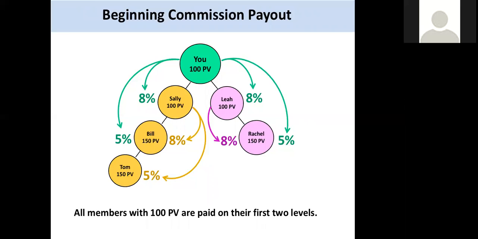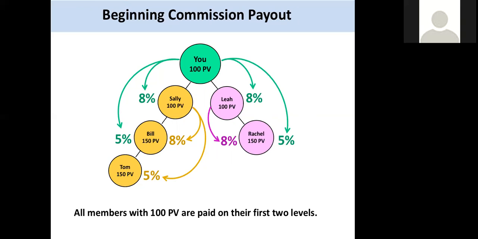So going back to our 2 leaders, we have Sally and Leah. So there are your 2 legs again. Sally is someone that you've personally sponsored, and Leah is someone that you've personally sponsored. And so on Sally's leg, you can see that you would earn 8% off of Sally's volume because she is someone that you've personally sponsored. Bill is someone that Sally has personally sponsored, so she's going to get the 8% unilevel commissions based on Bill's PV.